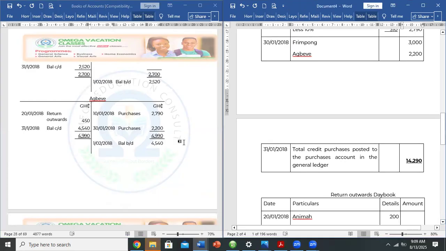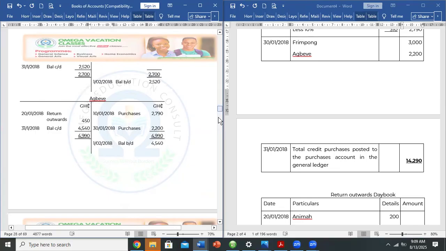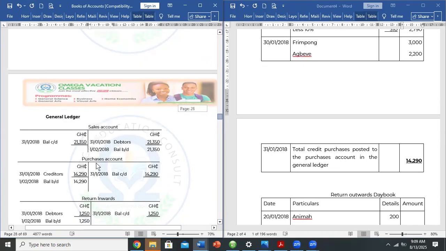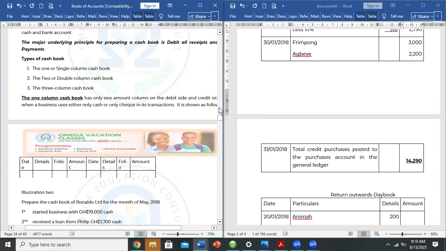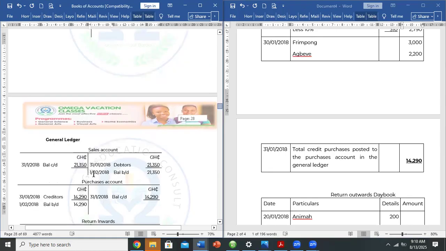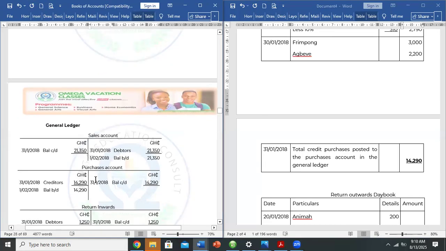You already have your general ledger, so you open the purchases account under the general ledger, as you did for the sales account. When we purchase, we debit the purchase account, right? So you debit the purchase account with the totals.